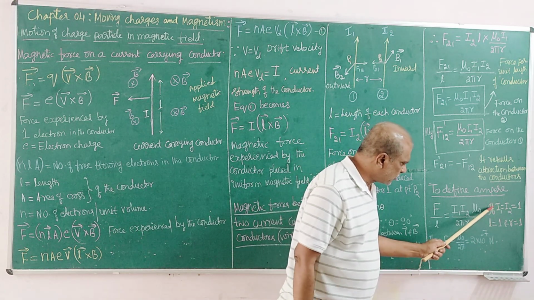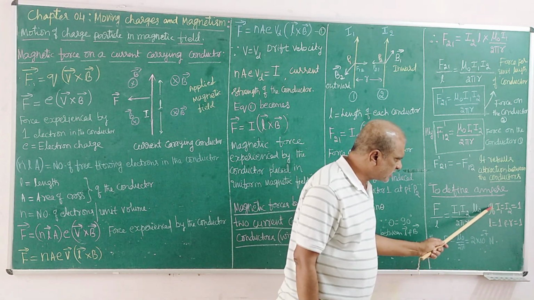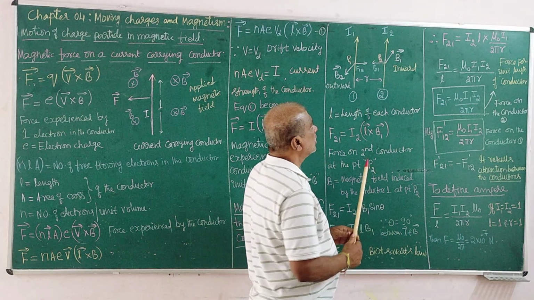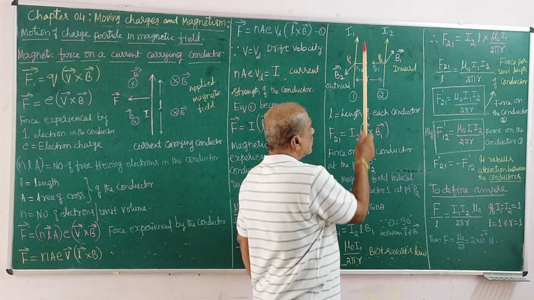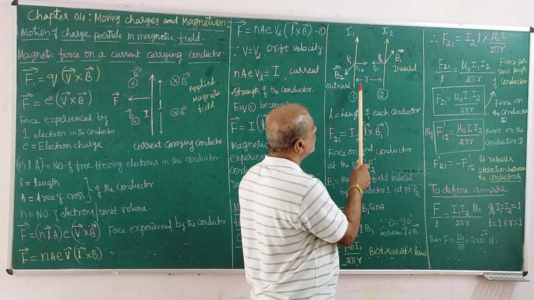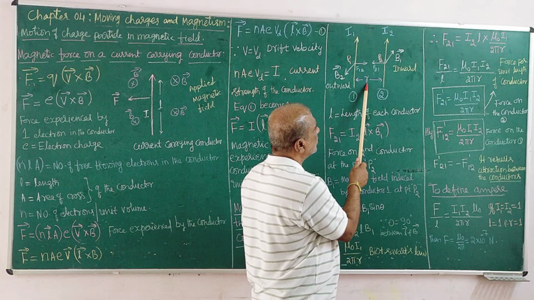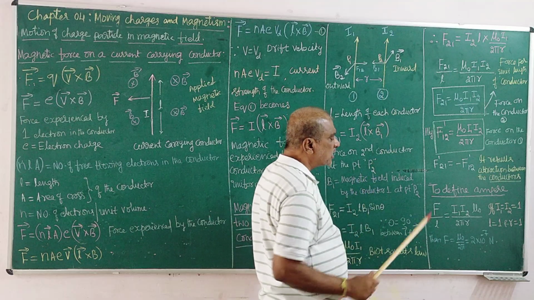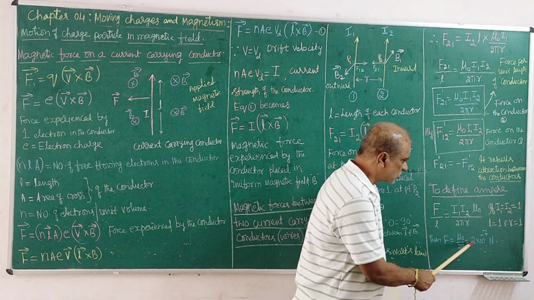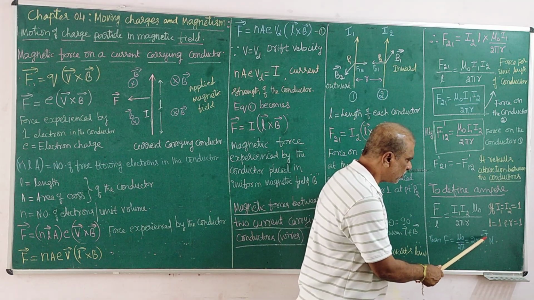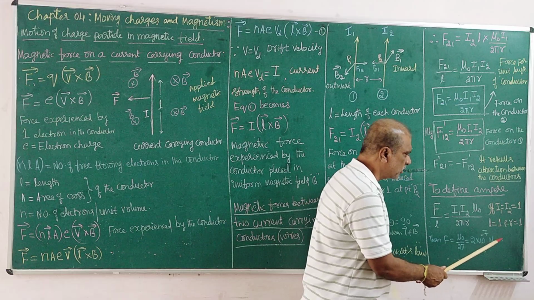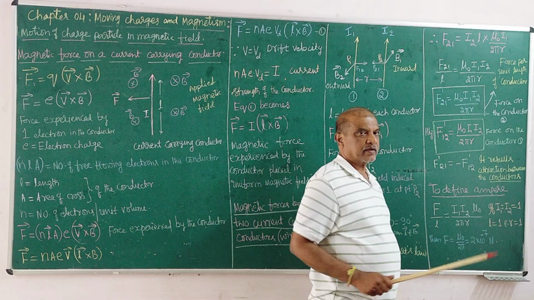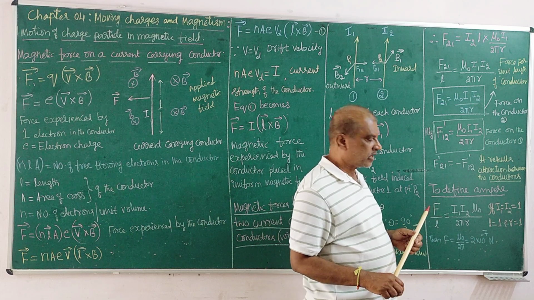So it is understood that if exactly 1 ampere of current is flowing in these two conductors kept apart at a distance of 1 meter, these two conductors exert a force of 2 into 10 to the power of minus 7 Newton per unit length, per meter of the conductor. Is it clear?